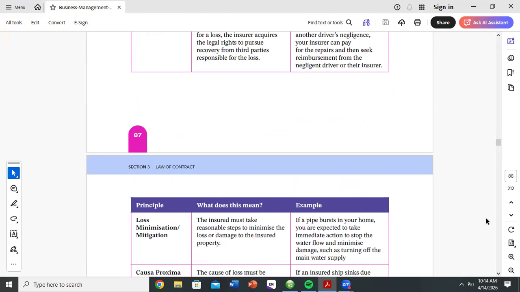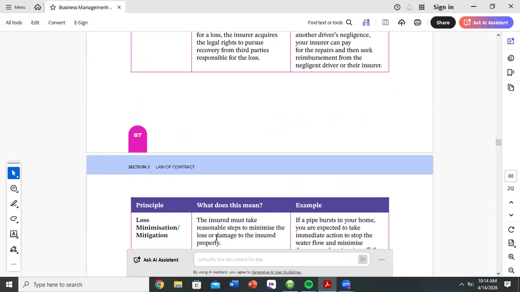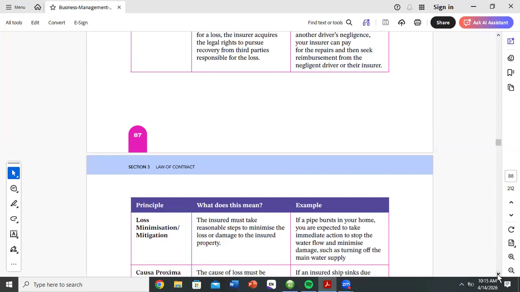So for example, if you have insured your building against fire and then it catches fire, this principle says at least do something to reduce the damage. So you can go for fire extinguishers. Don't say because you have insured it, you sit and watch the thing burn so that you go and claim compensation. So that was our principle, right?